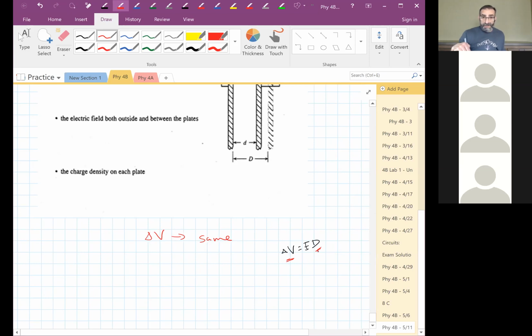D gets smaller. So how can delta V stay the same if D gets smaller? E has to increase. Okay, what happens to sigma?